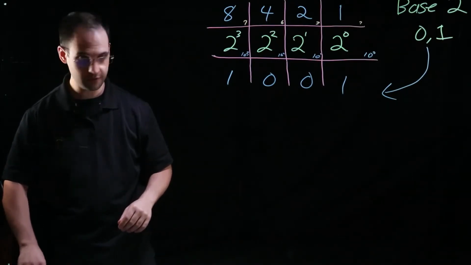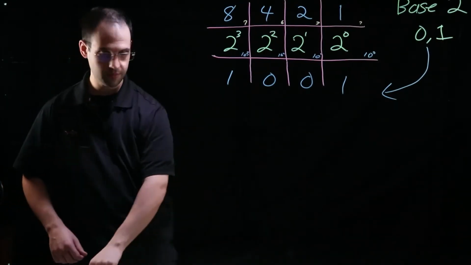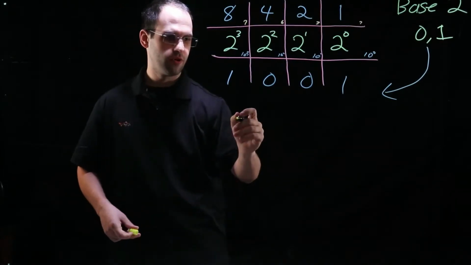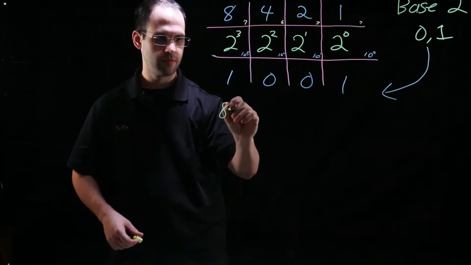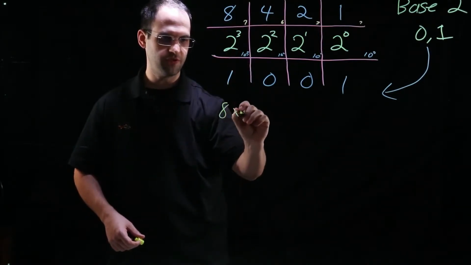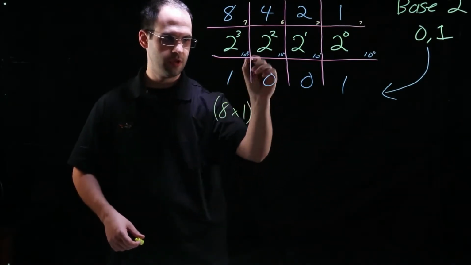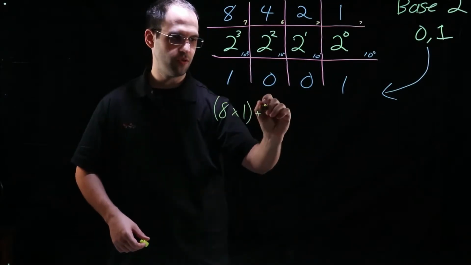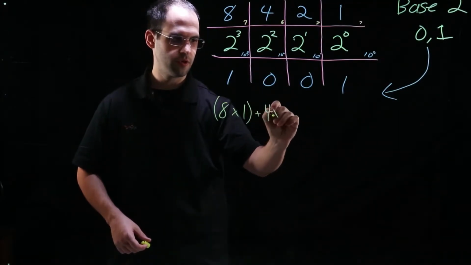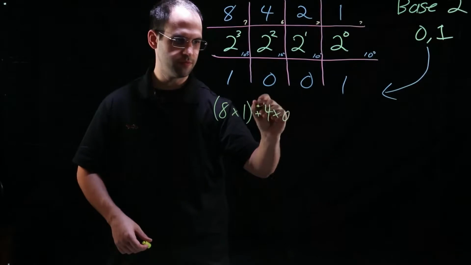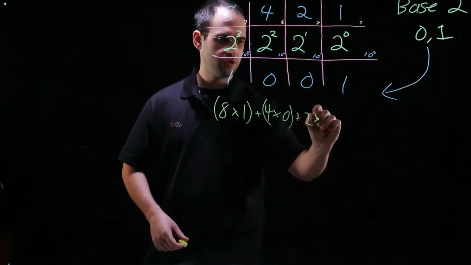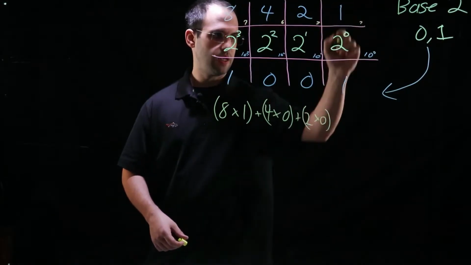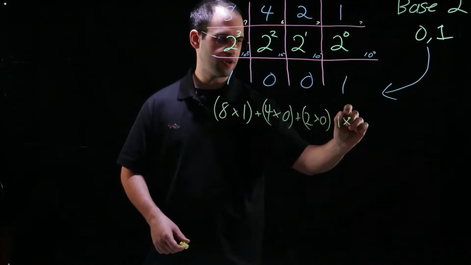So 8 times this binary digit, a 1, plus 4 times 0, and then 2 times 0, and a 1 times 1.